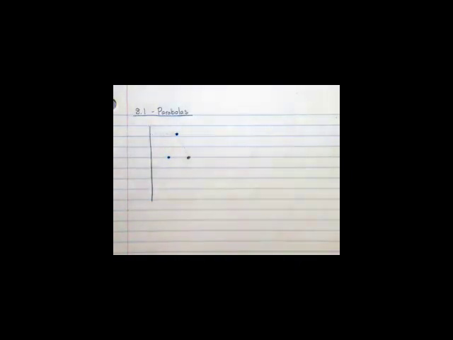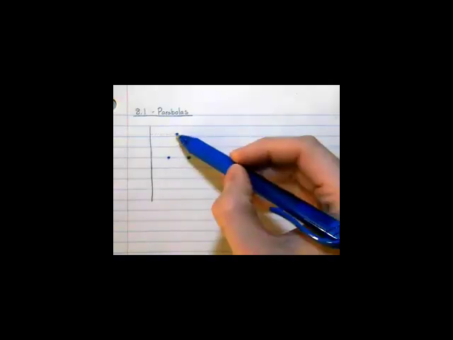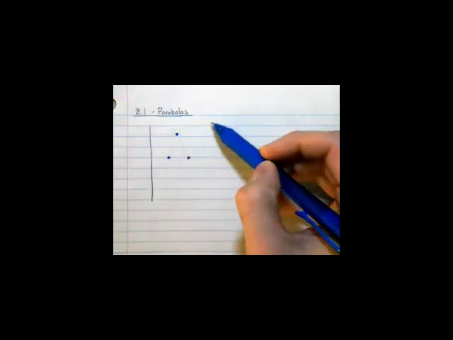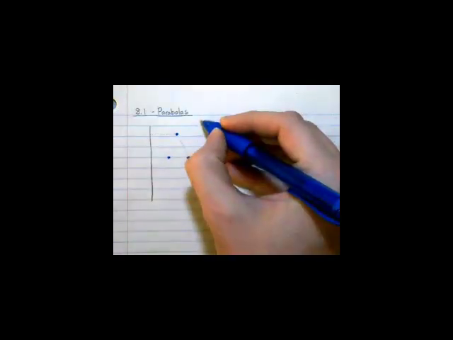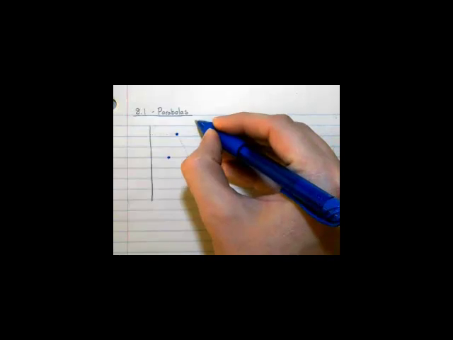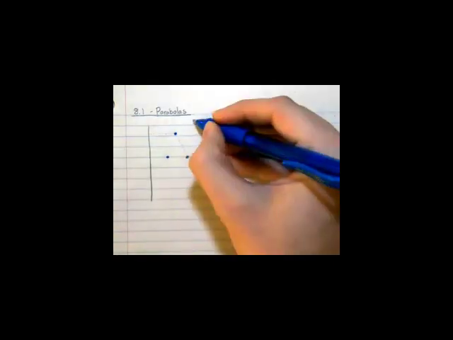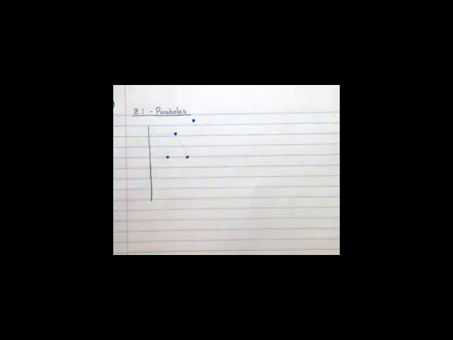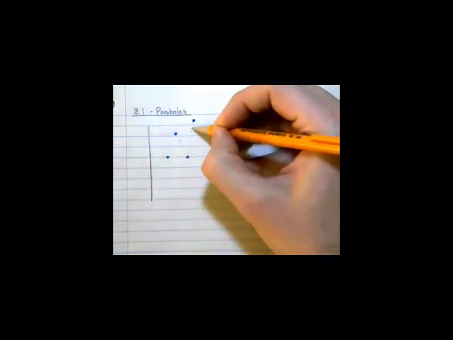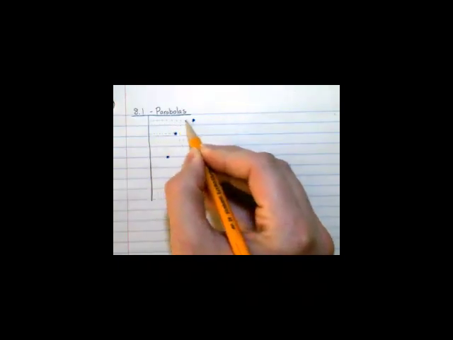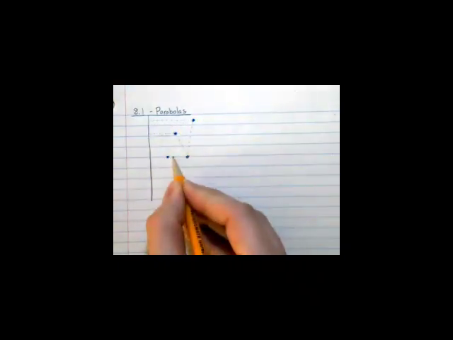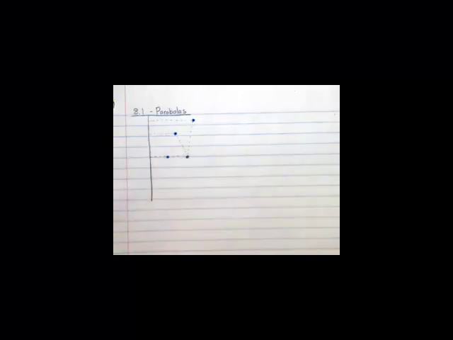Now moving this point up, do you see how I have to keep moving it over as well? So if I had another point, where would it be? About right here or something. So for that point, the distance from the point and the line, I'd have to extend out a little bit. So those two distances would be about the same. This one we had this distance and this distance the same.